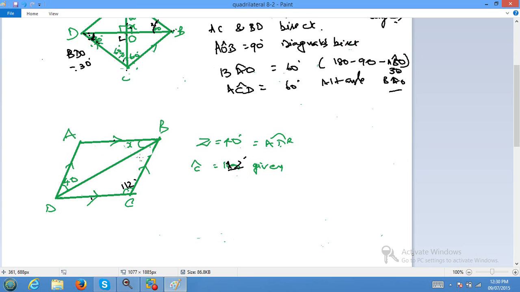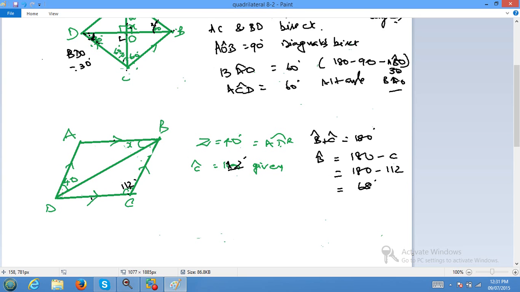If this is 112, angle B plus angle C is equal to 180. Now angle B is equal to 180 minus angle C, which is given as 112. So angle B is equal to, if we deduct, 68 degrees.